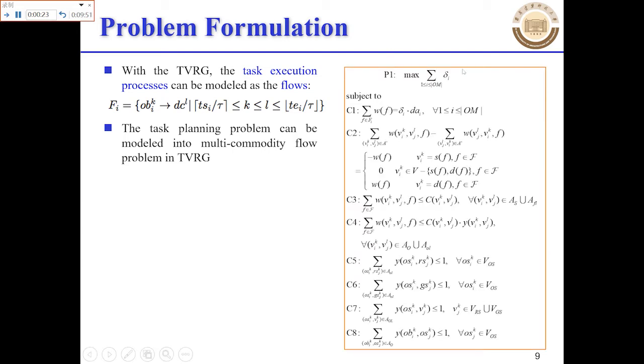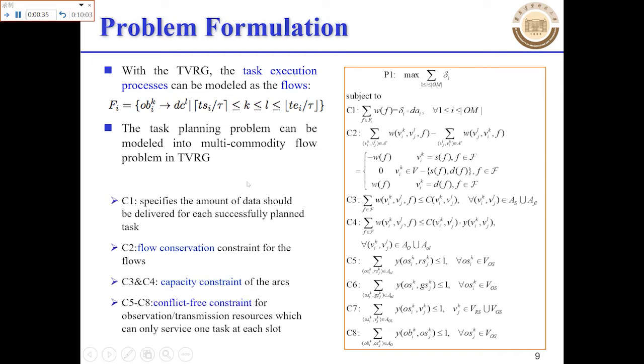As we can see, the objective of P1 is to maximize the number of tasks that can be successfully executed. And for the constraints of P1, constraint 1 specifies the amount of data that should be delivered for each successfully planned task.